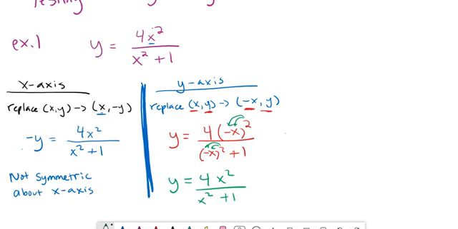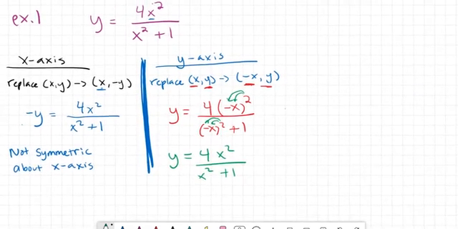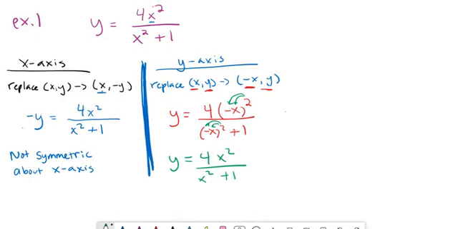And now I'm looking to see, is this green equation I just wrote exactly the same as the purple equation? And in this case it is. It does match exactly. So even though I replaced all the x's with negative x, once I simplified, I got back to my original equation.